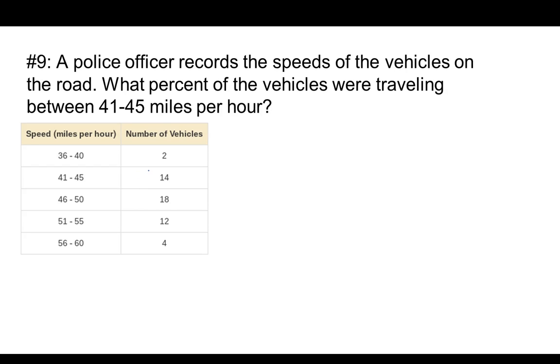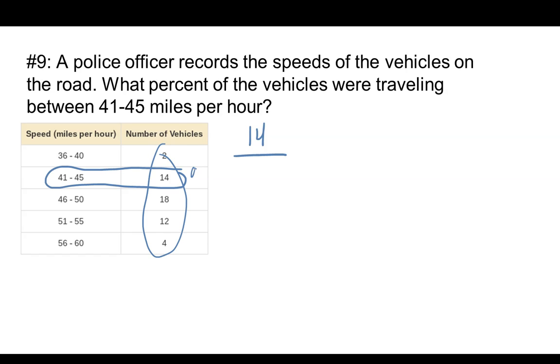Okay, to do this, I want to look at this segment right here. The number of vehicles was 14. Okay, so 14 vehicles out of how many vehicles? So we need to count. I'm going to add all of these together: 2 plus 14 plus 18 plus 12 plus 4. That's going to give me 50.